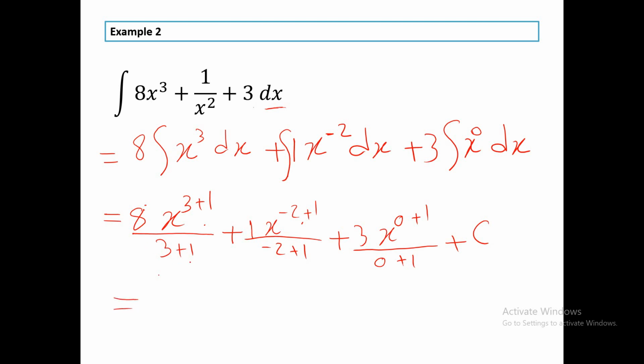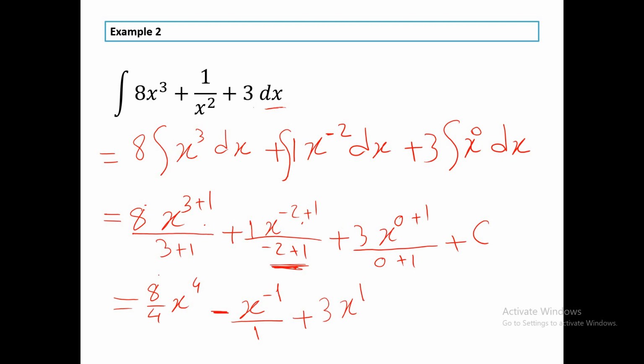Simplest form: 8 divided by 3 plus 1, meaning 8 over 4, and the x power 4. Here 1 over negative 2 plus 1, negative 2 plus 1 is negative 1. So the negative stays negative: x power negative 1 over 1, plus 3 and the x power 1 over 1.